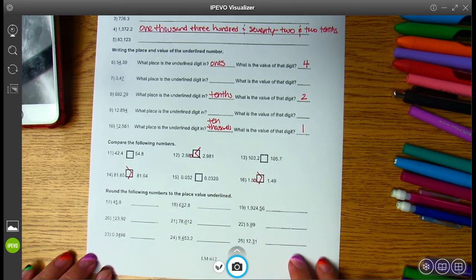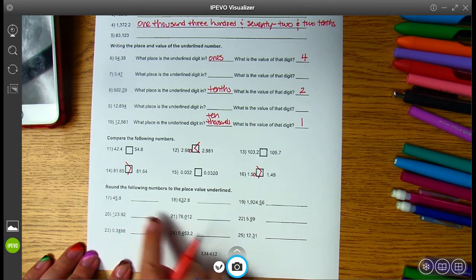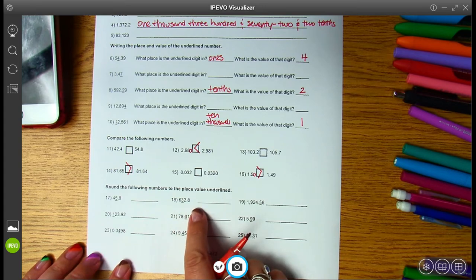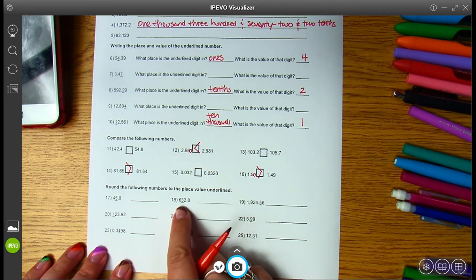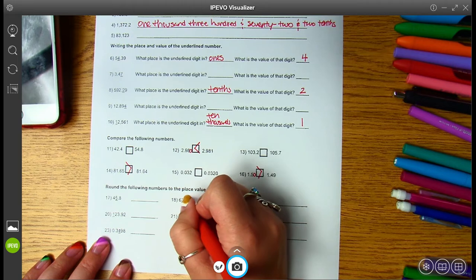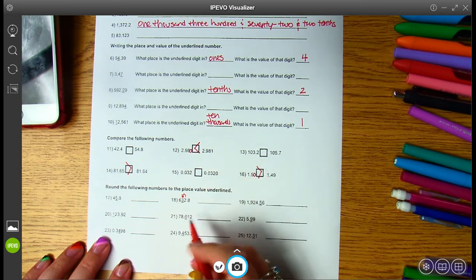Okay, for our last section of the homework, I'm again going to look at the even numbers. Right here, this 3 is the one that I'm going to focus on. Okay, so the directions would say, please round to the nearest tens for this problem. So I look at the number behind it, and the number behind it is a 2.